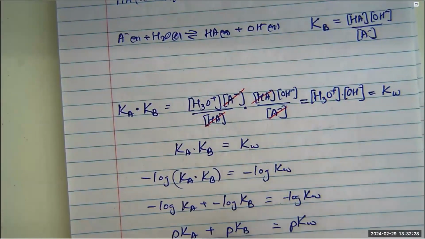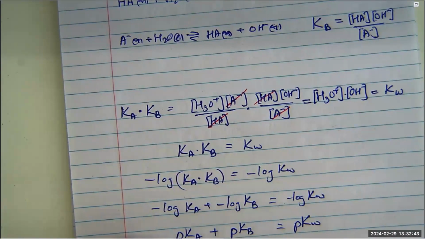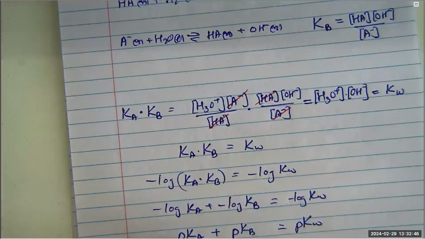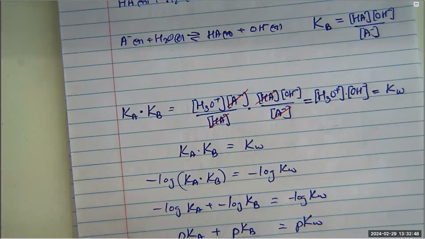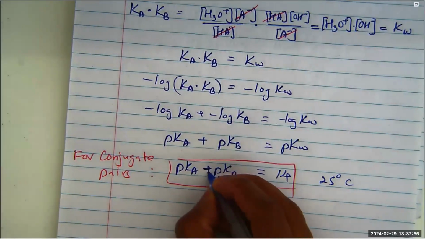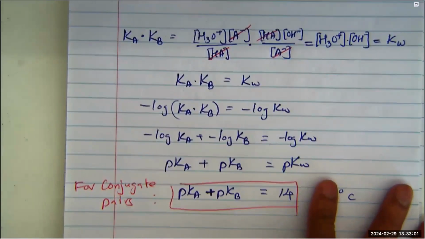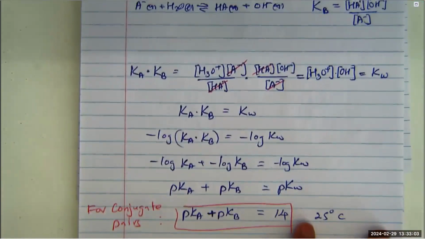So in other words, pKa plus pKb is equal to 14 at 25 degrees Celsius. And this is true for conjugate pairs. For conjugate pairs, pKa plus pKb is equal to 14. All right. We just derived this from first principles.